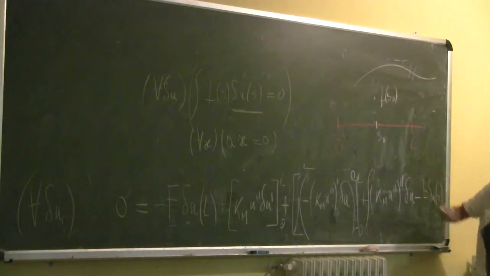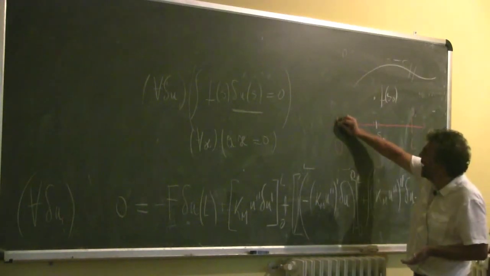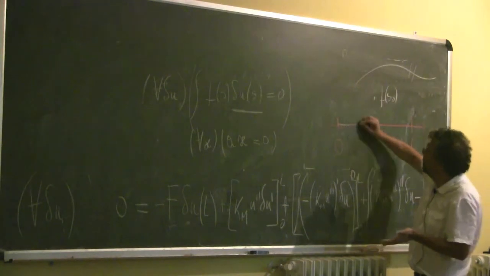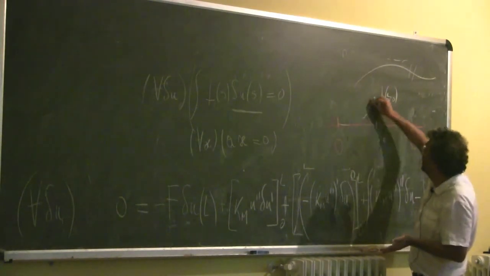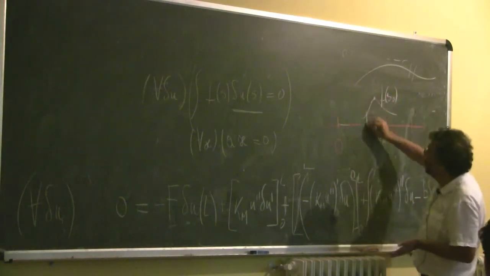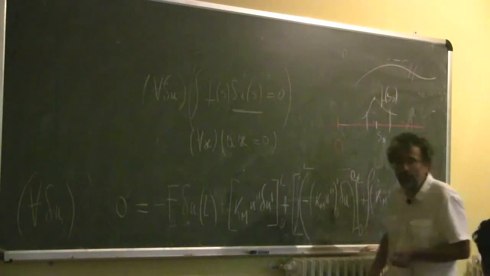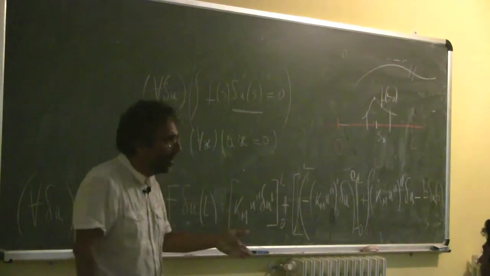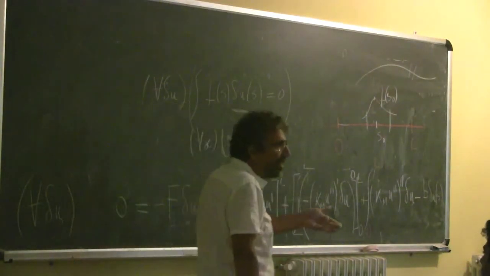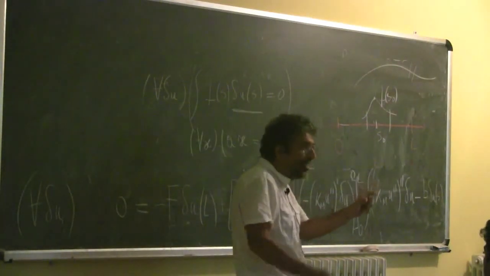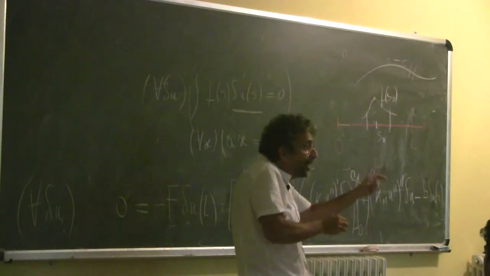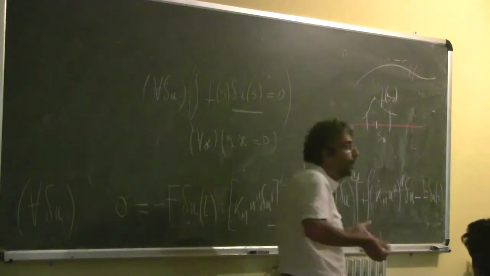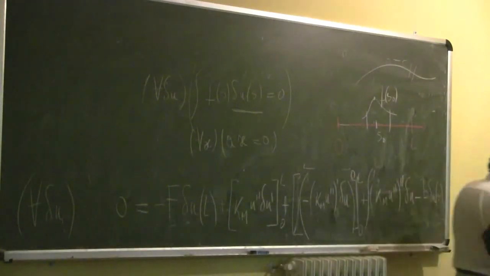Okay. Moreover, f of s is continuous. So the function has to look like that. You remember, there is a theorem, the so-called permanence of sign theorem. If a continuous function is positive in a given point, then in a neighborhood of that point it is positive.